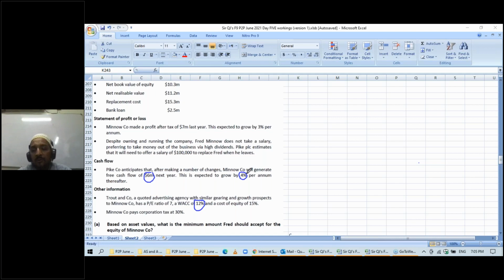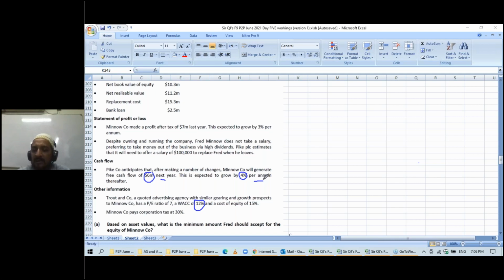So if you are to calculate the discounted cash flow like in NPV, how will you calculate? Now this is going to be an annuity, cash flow from next year, and per annum this will increase by 4%. So in this case, you can use the dividend growth model. This is something like dividend growth model, that the company will earn 6 million, which will grow by 4%.